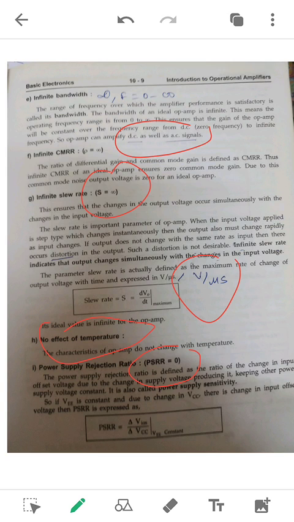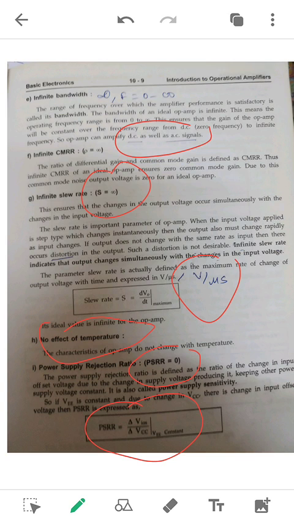Earlier we discussed zero offset voltage. So what is zero offset voltage? Even though V1 equal to V2, both inputs are 0, a small voltage is still present at the output. Then it is called the offset voltage. So that offset voltage changes with respect to VCC. Here you can observe the equation.